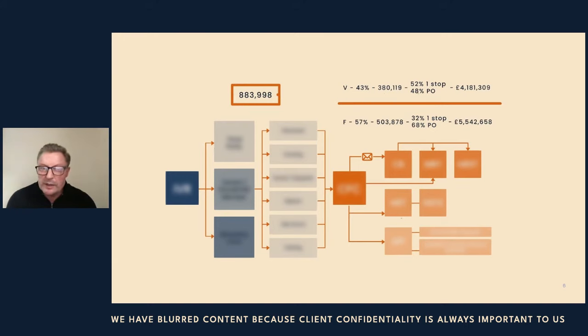So by studying the operation, what I mean is studying demand from the customer right through to the point that the customer either gets what they want or doesn't get what they want. So this call center takes about 1 million calls per year. And the objective that was set was reduce wait times.